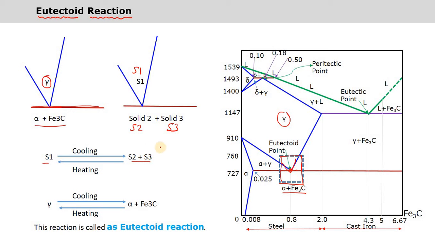As iron is an allotropic material, the change will be reversible, and that's why during heating, solid 2 plus solid 3 will be transformed to solid 1. Such a type of reaction is called the eutectoid reaction. Getting it?